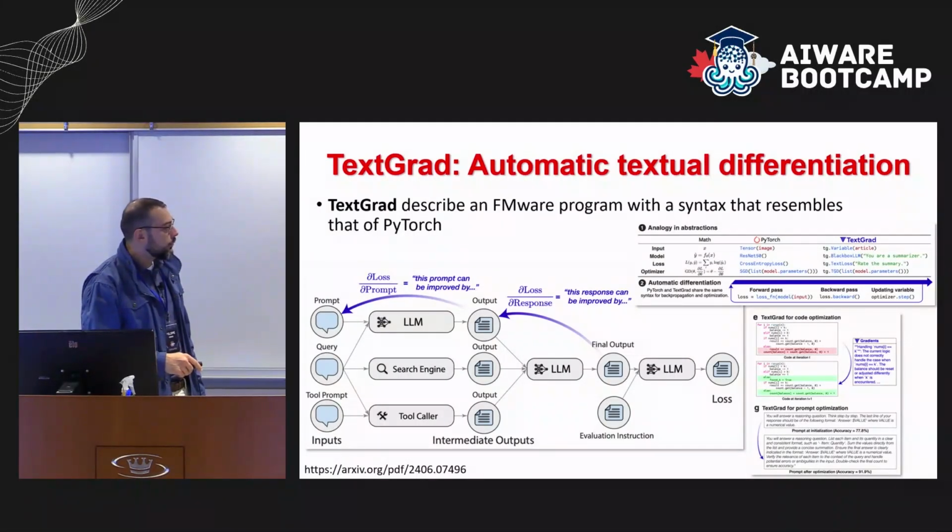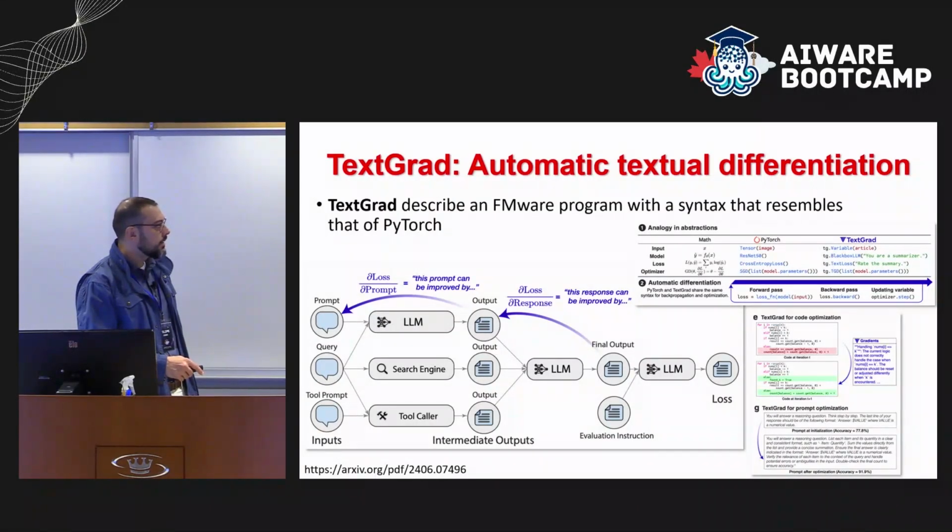So you do the forward pass: you have a prompt, you pass it to the foundation model, the LLM, you get an output, and you pass this output to another LLM that produces a final output. Now on the backward step, you use these self-reflection prompts. You ask the LLM to reflect why this was correct or why this was incorrect, and this will be used as the gradient to fix this output.